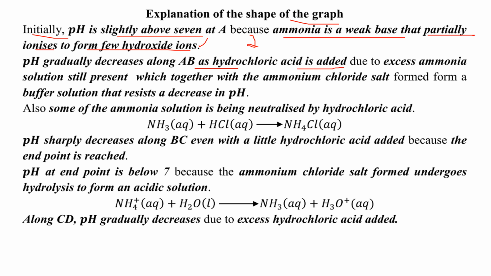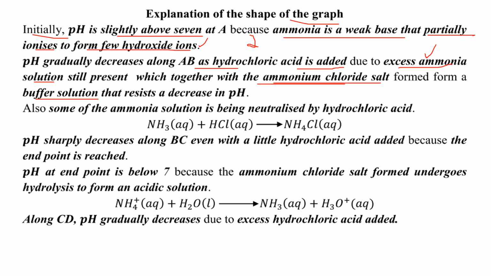And the reason for that is because we're having excess of ammonia in solution, together with the ammonium chloride salt being formed. Remember that the small volume of HCl being added reacts with some of the ammonia to form ammonium chloride. So you're having excess of ammonia and our ammonium chloride salt, and therefore we form what we call a basic buffer solution.